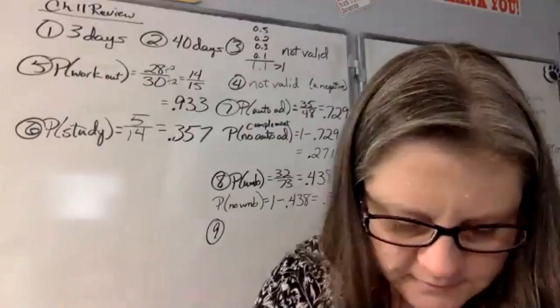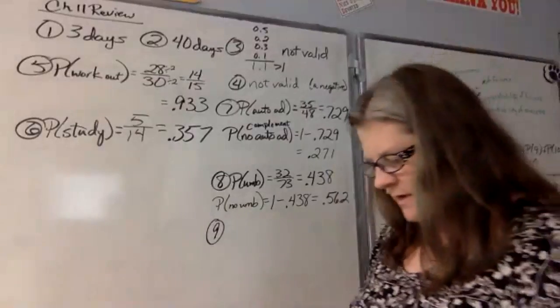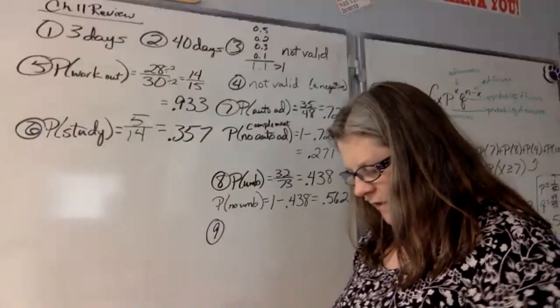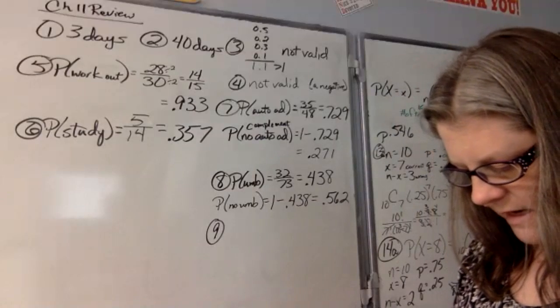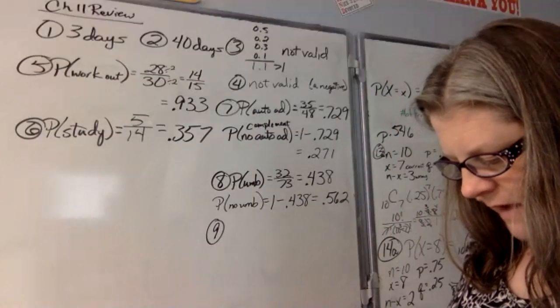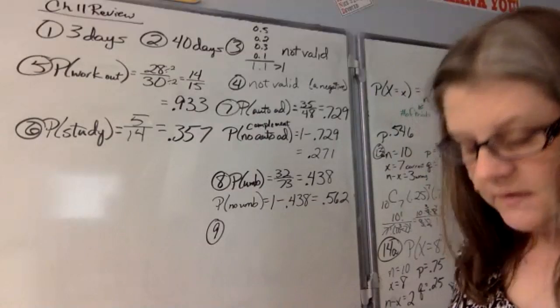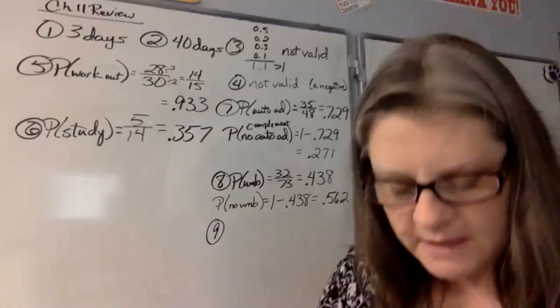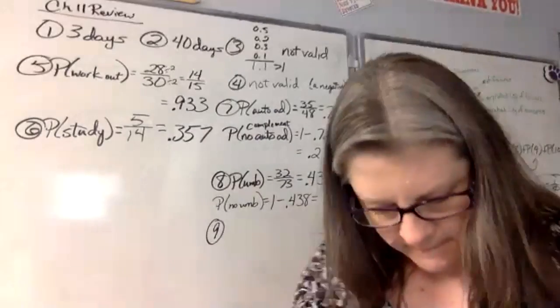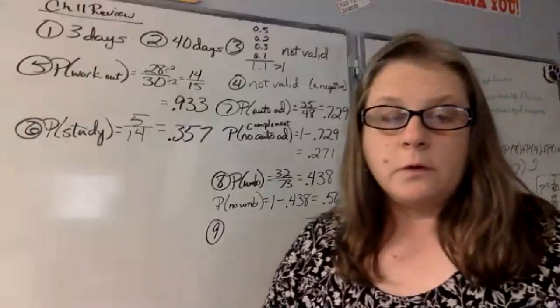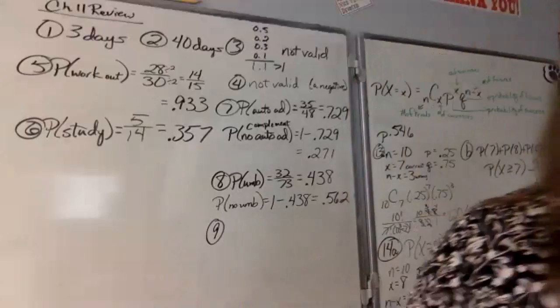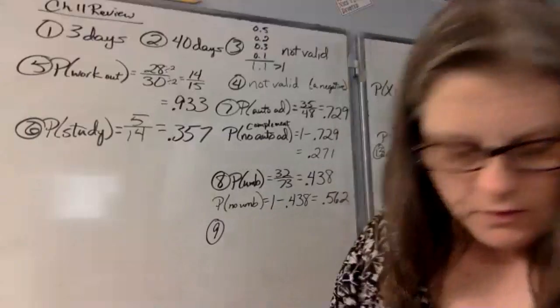It says, Kavi is shopping for a vehicle at a dealership. The dealership has 324 cars, 89 trucks, 5 motorcycles, and 58 SUVs. So what's the very first thing we need to do? See how many vehicles there are total, right? So how many vehicles are there total to choose from?